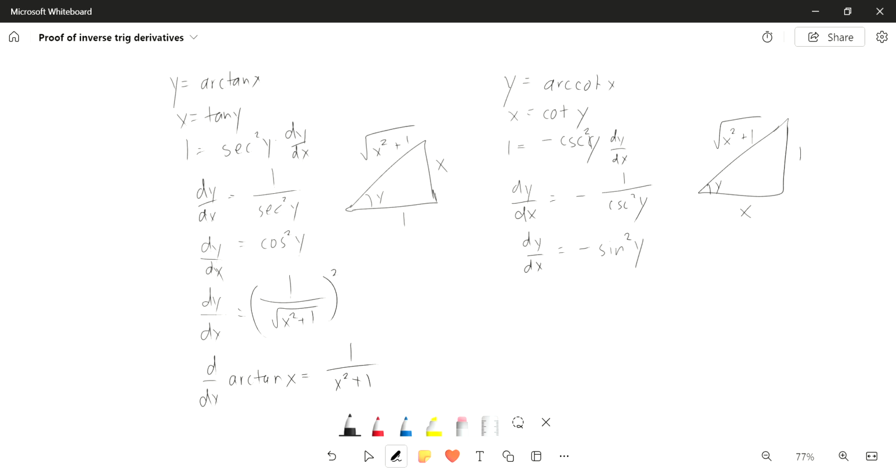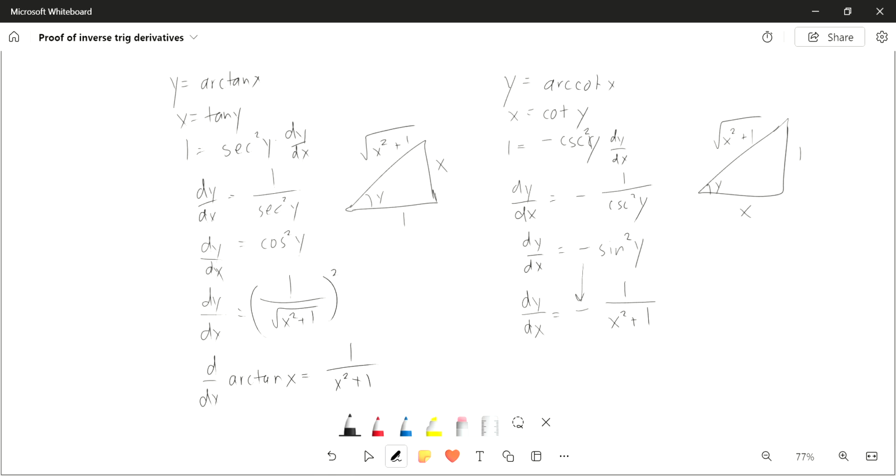So that means we have sine, which is opposite over hypotenuse, and it looks almost exactly the same. Once we square the sine, we get negative 1 over x squared plus 1. And that negative only comes because it carries over from the previous step.